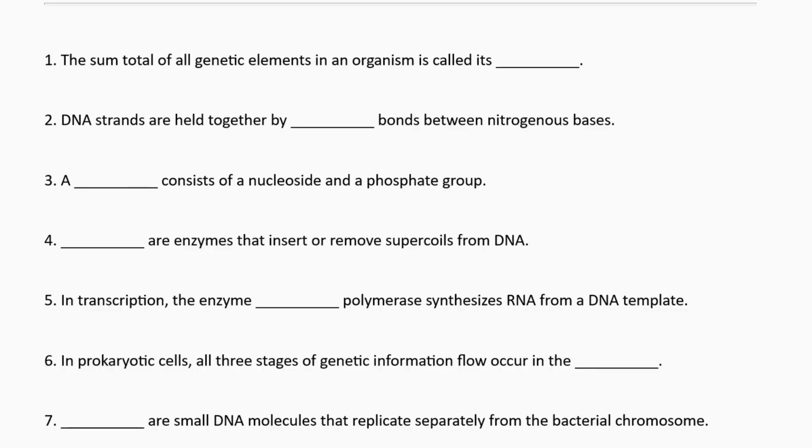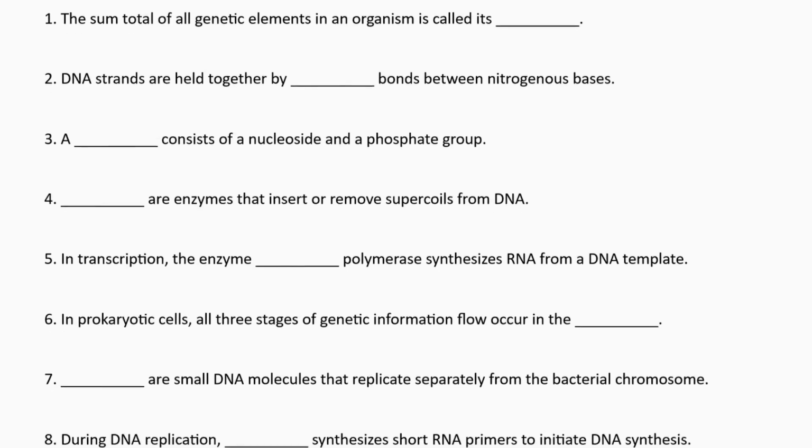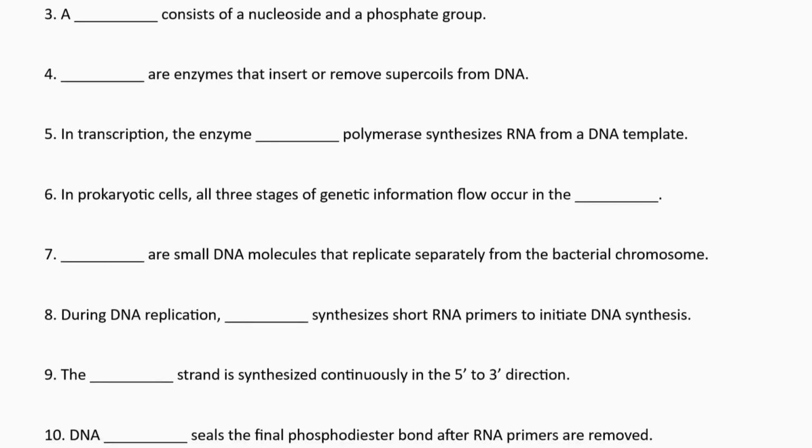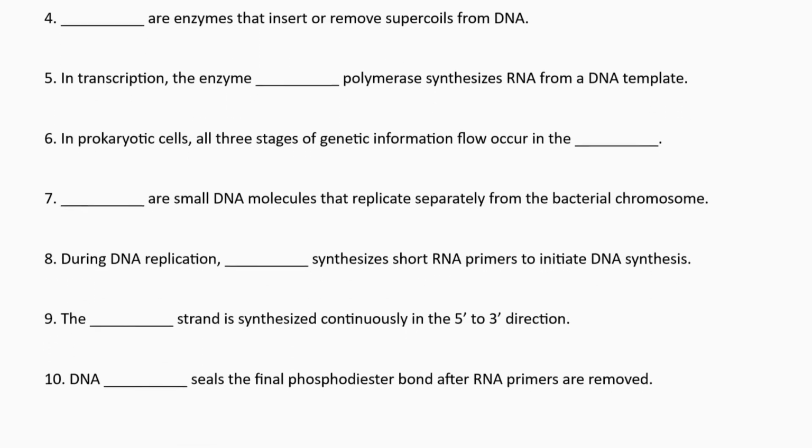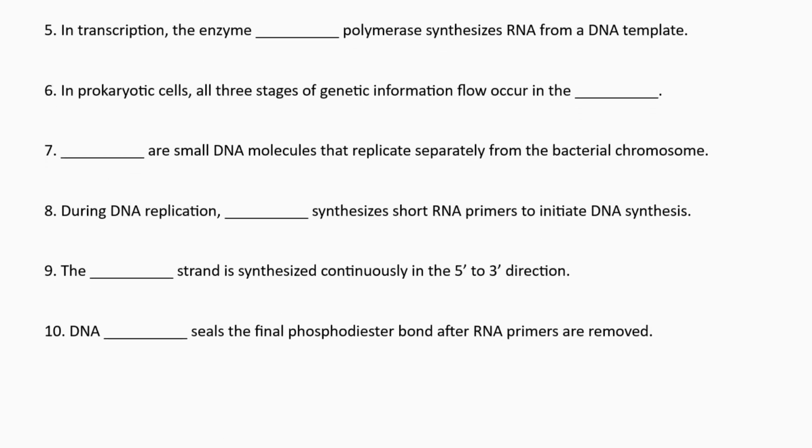4. Blank are enzymes that insert or remove supercoils from DNA. 5. In transcription, the enzyme blank polymerase synthesizes RNA from a DNA template. 6. In prokaryotic cells, all 3 stages of genetic information flow occur in the blank. 7.